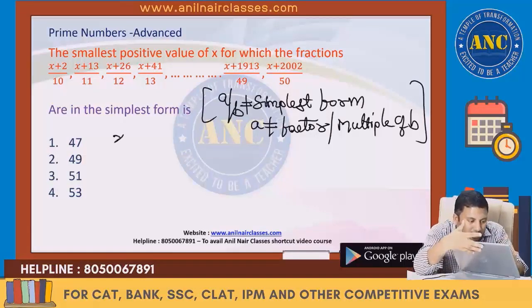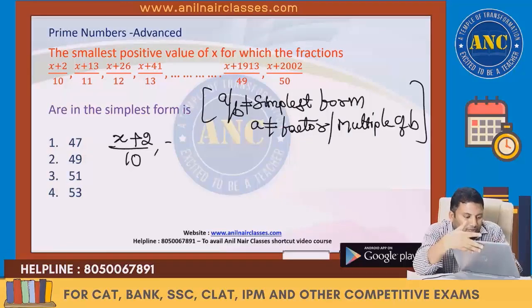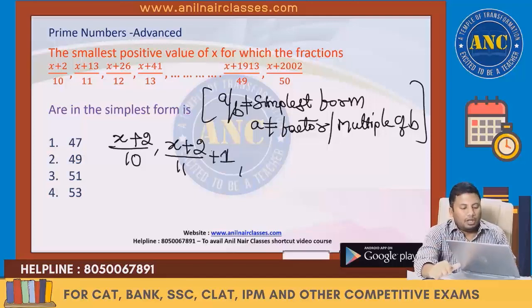So this can be written as x plus 2 divided by 10. This can be written as x plus 2 divided by 11, plus 1.